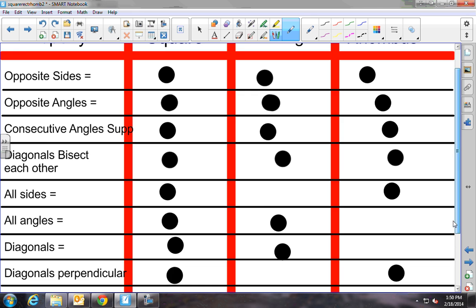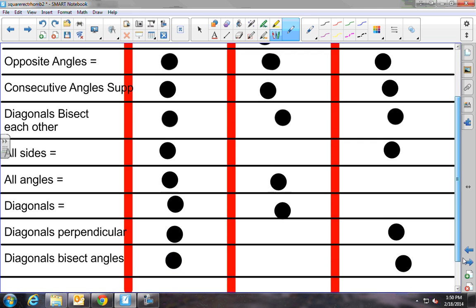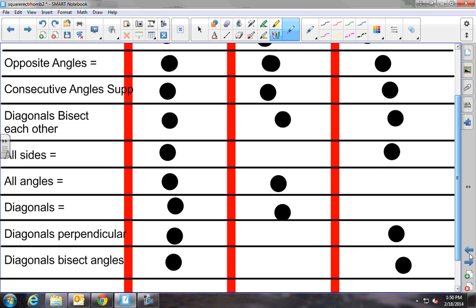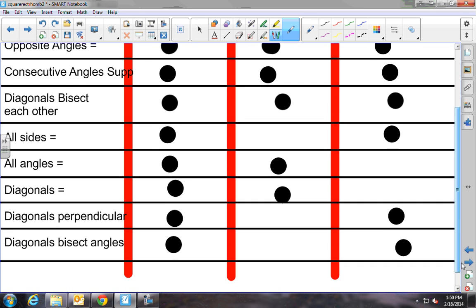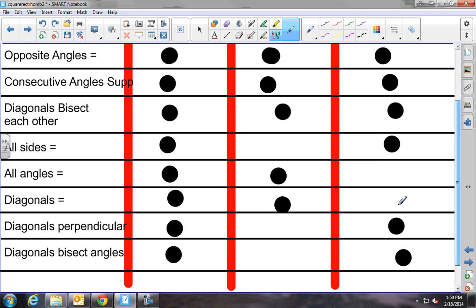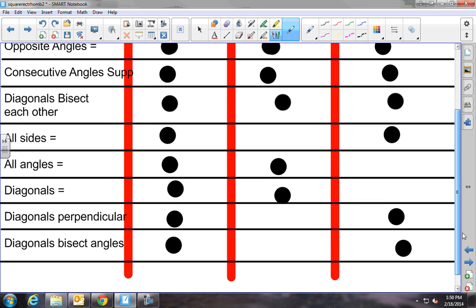So one really easy way to remember is, look, a square has all the properties. And then there's only a couple properties where rectangles and rhombuses are different. Not all the angles are congruent, not all the sides are congruent. The diagonals aren't necessarily congruent, and so forth.